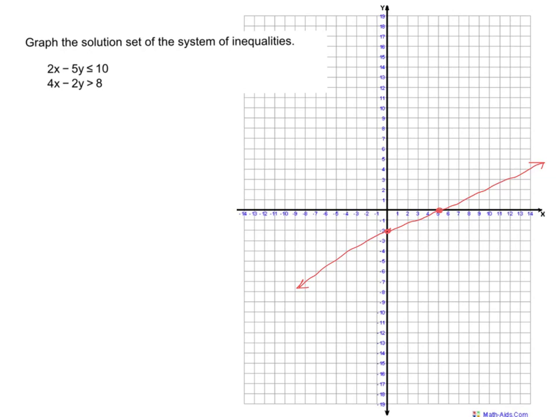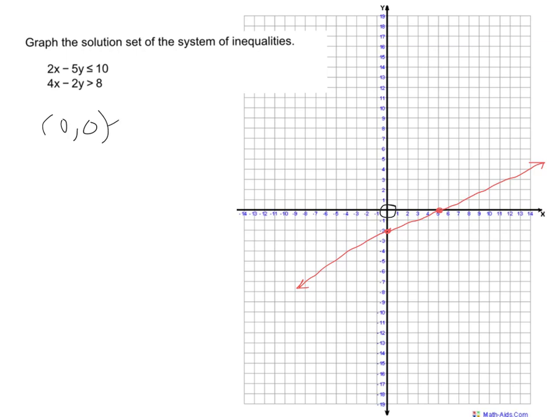So we're going to choose (0, 0), and (0, 0) is that point right there, and as you can see, that's above the line. It doesn't matter, we could choose a point below the line. We just can't choose any point that's on the line itself. So I'm going to choose (0, 0) as the test point. And you just need one test point.